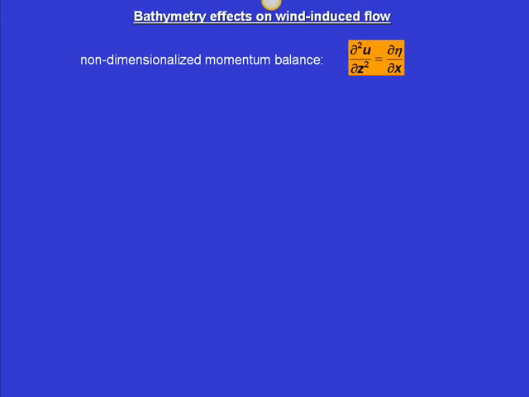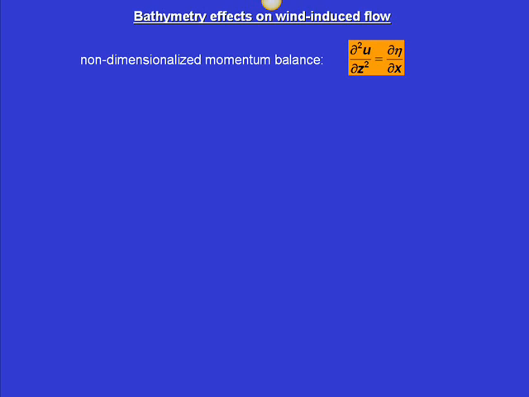And another way of looking at the same issue, but now with any arbitrary bathymetry, is represented here as follows. Now keep in mind that the solutions I just showed you are for a triangular cross-section. A more general solution can be derived like that from this momentum balance, which has been non-dimensionalized.